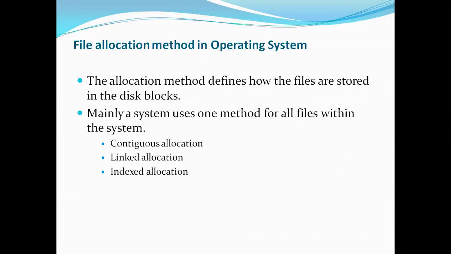So there are some methods by which files are stored in disk blocks. Basically, three methods are used by any operating system. First one, contiguous file allocation, then linked file allocation, and then the indexed file allocation.